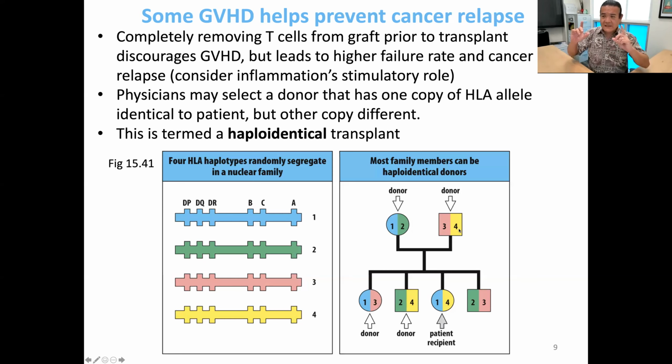Oh, and remember, I say haplotype because remember, when we are passing our genes on to our children, right, we do so through the process of meiosis, that are gamete-forming cells in our body, the cells that give rise to egg and the cells that give rise to sperm, right?